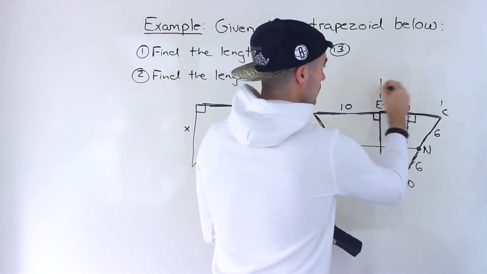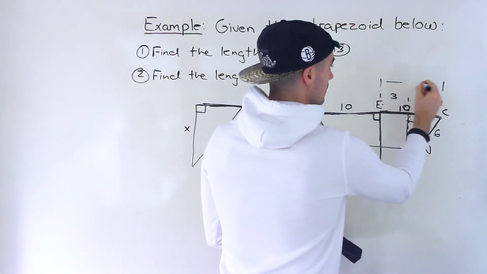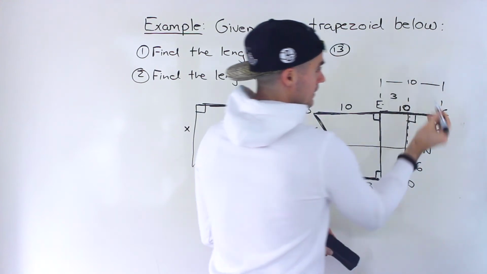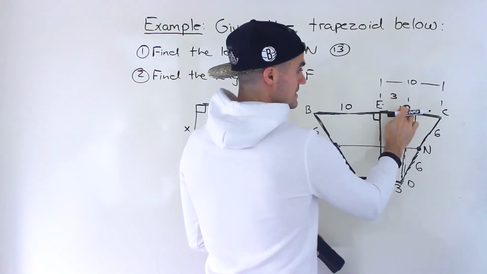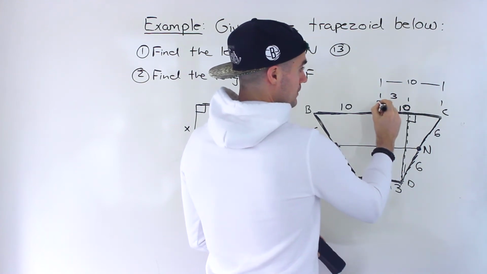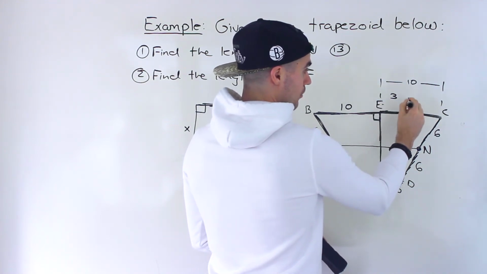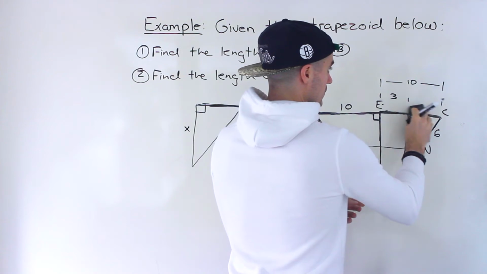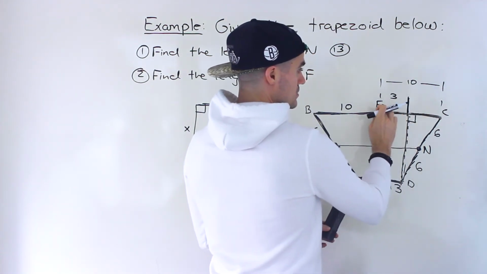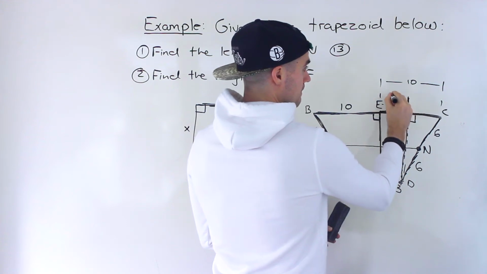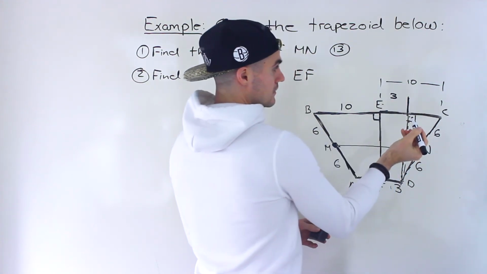So notice that from here to here is 10, right? From E to C is this 10 over here. But then from E to this point, from here to here is 3.